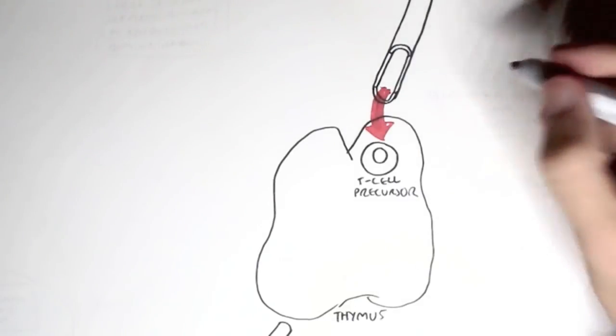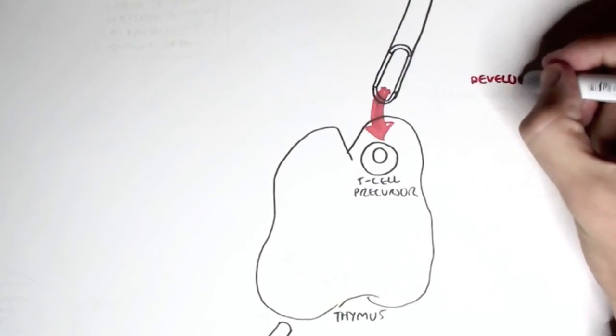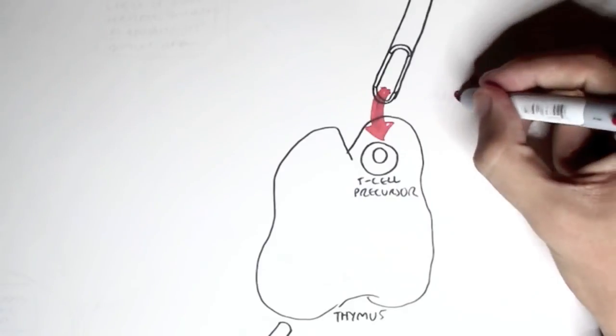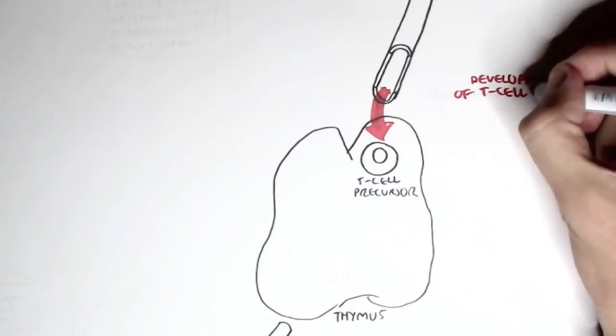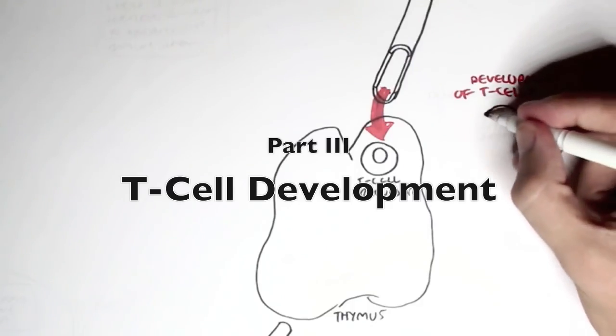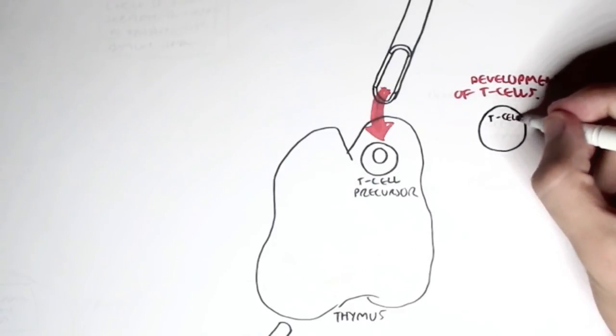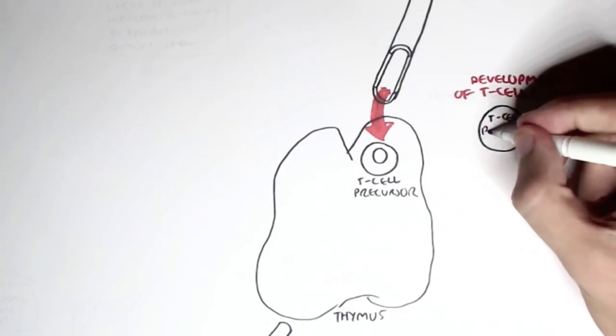But for now, we are just assuming that this lymphoid precursor will become a T cell. So we just wrote this up as T cell precursor. So in this video, we're going to look at the development of T cell from the T cell precursor, from the lymphoid precursor.